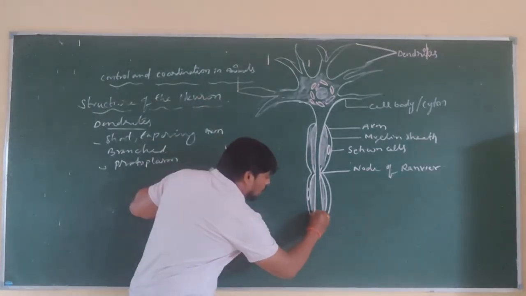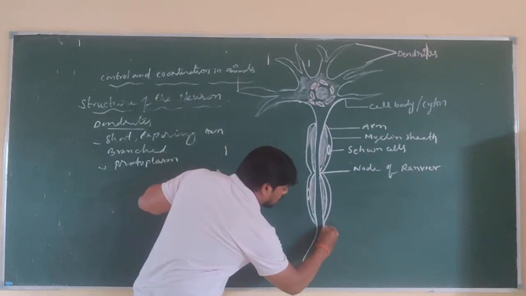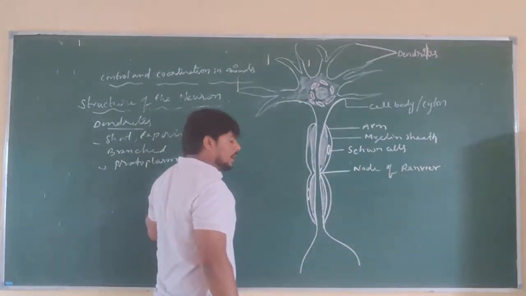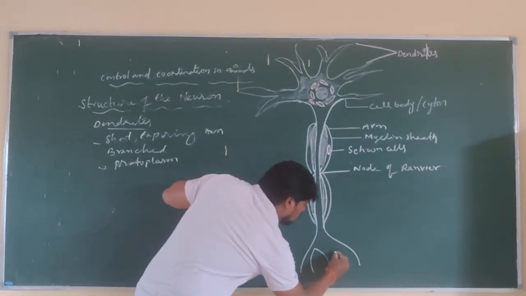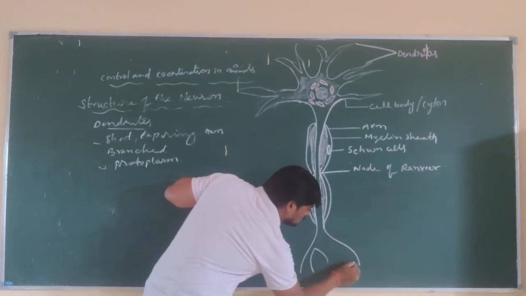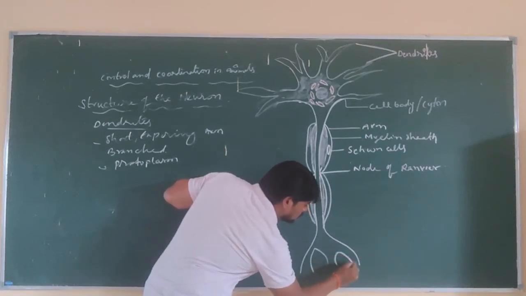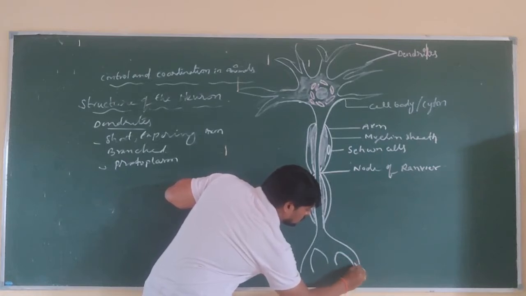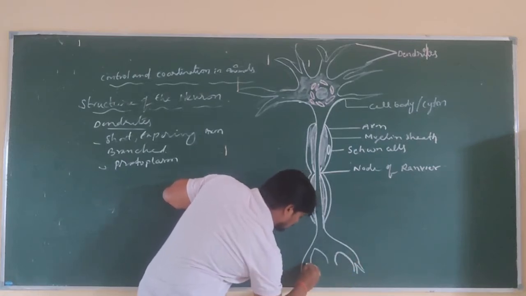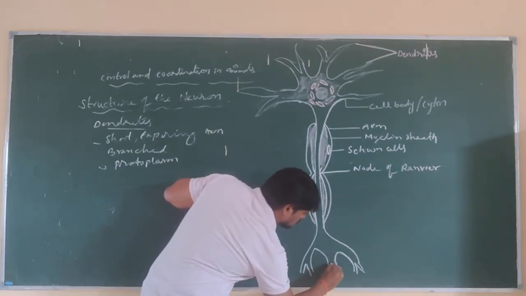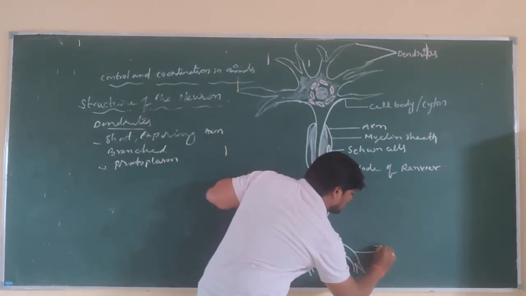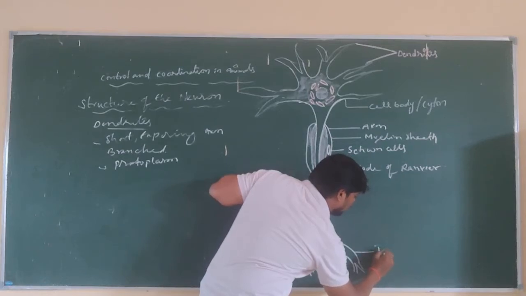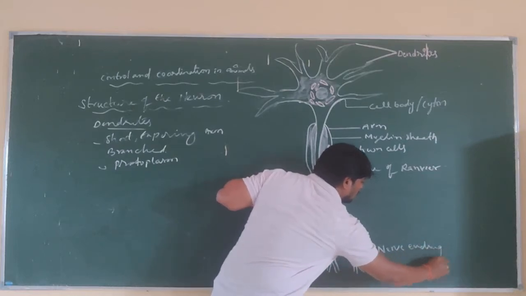Now, the terminus or end of the axon is called the nerve ending, also called terminal arborization.